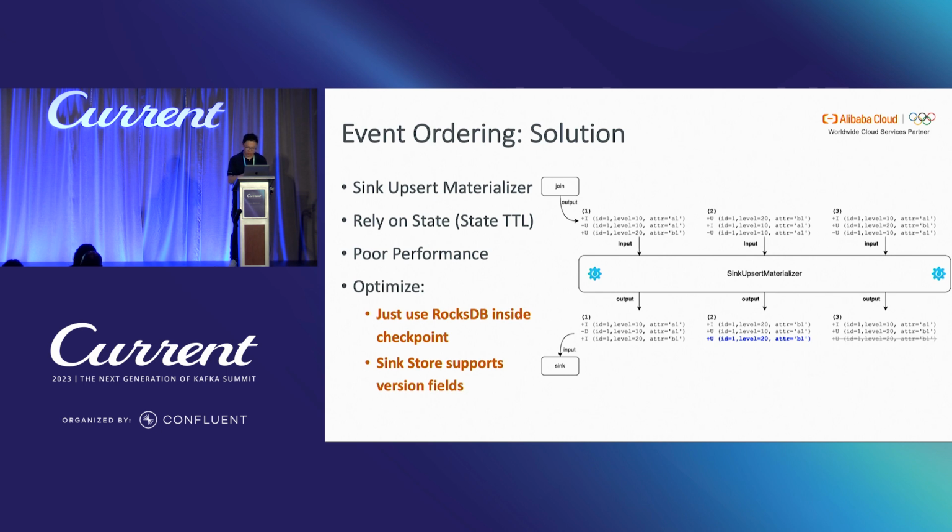In the third scenario, when update after is processed, the sink upsert materializer will emit it as it is. So we introduce this sink upsert materializer to correct the orderness of the upstream changelog. So it should work for small data.